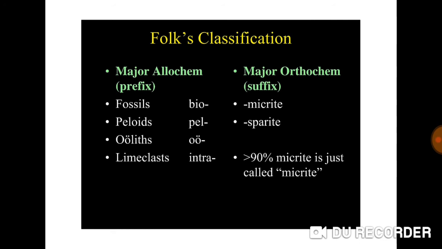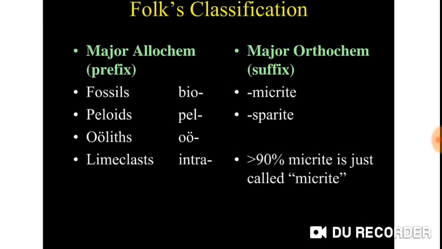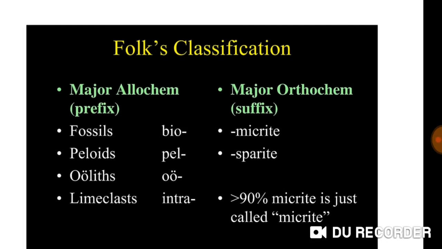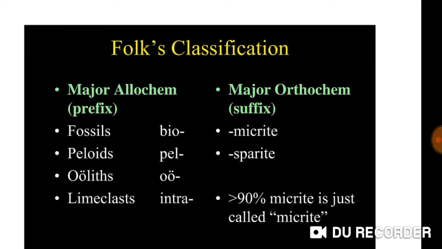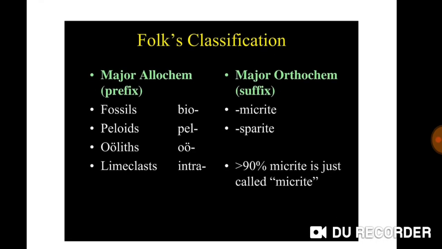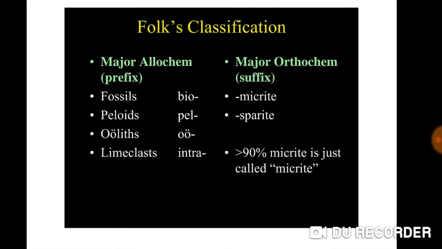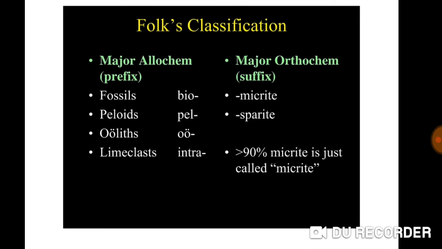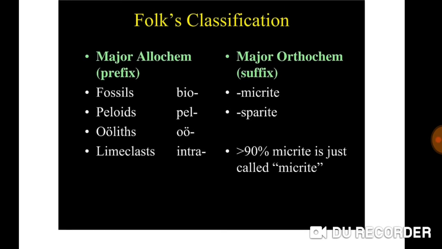Now the Folk classification. For the name, we use the major allochem as a prefix and the major orthochem as a suffix. If any limestone consists of fossils, we use bio; if peloid then pel; for ooliths we use oo; and for lime clasts we use intra.